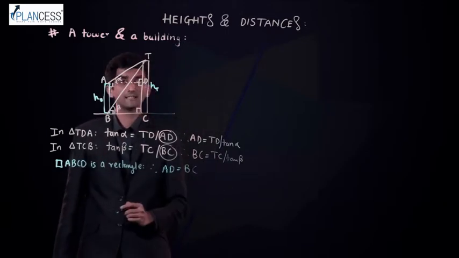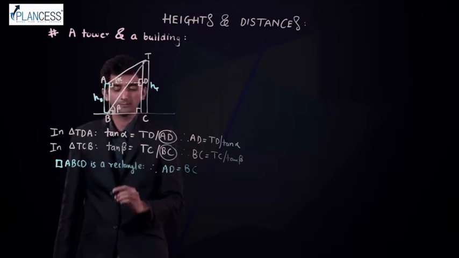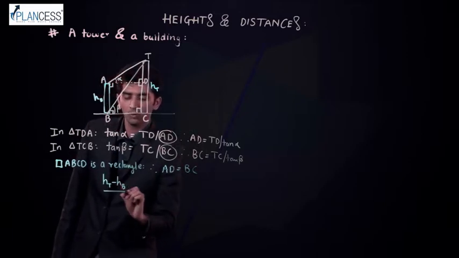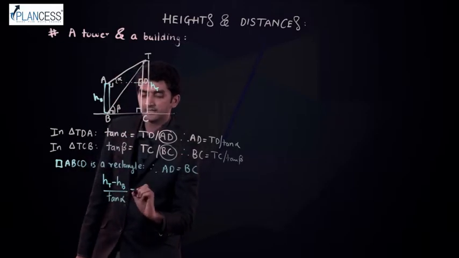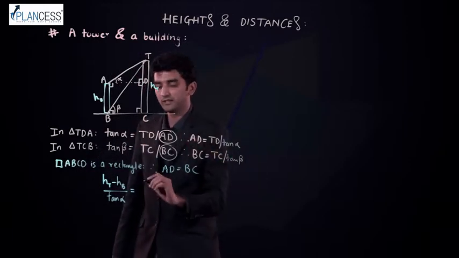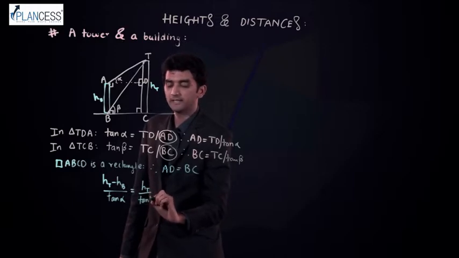Now as we just discussed, TD is nothing but HT minus HB, right? So HT minus HB over tan alpha is equal to TC over tan beta. Now TC is nothing but HT, right? HT over tan of beta.